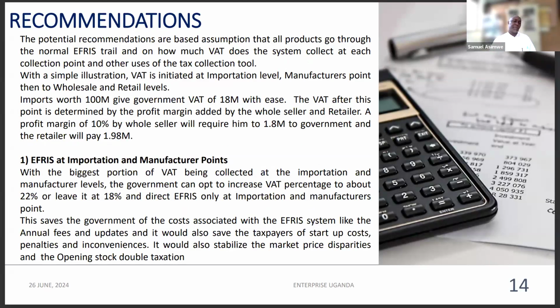My recommendations are based on assumptions that goods go through the normal EFRIS trail, and on how much VAT the system collects at each collection point, and the other uses of the tool. What can the tool be used for apart from VAT collection?